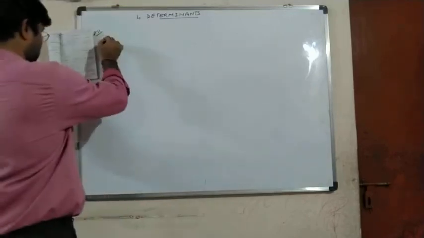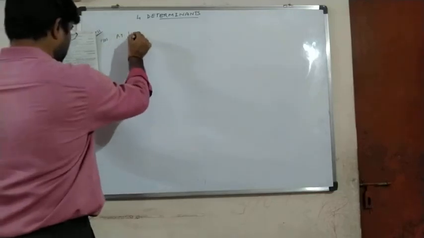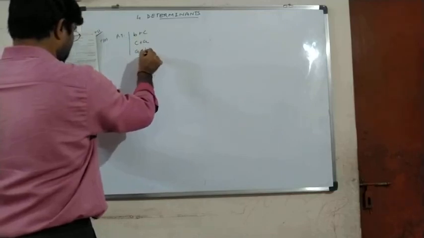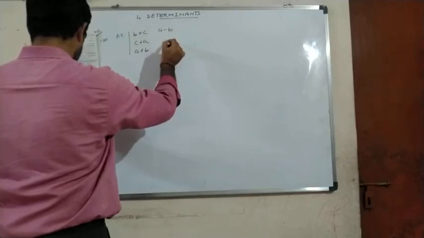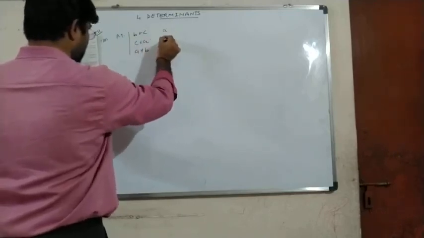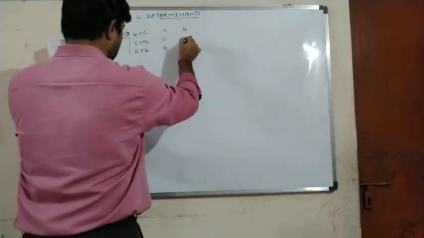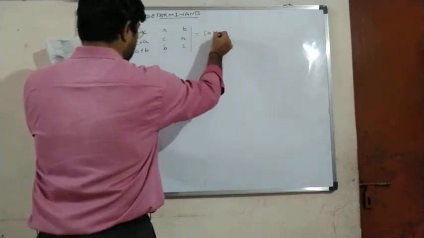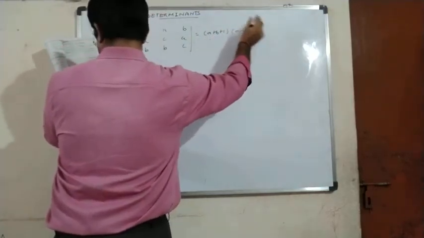Okay, now third one, we have to prove that the determinant b plus c, c plus a, a plus b, a, c, b and b, a, c equals a plus b plus c into a minus c the whole square.